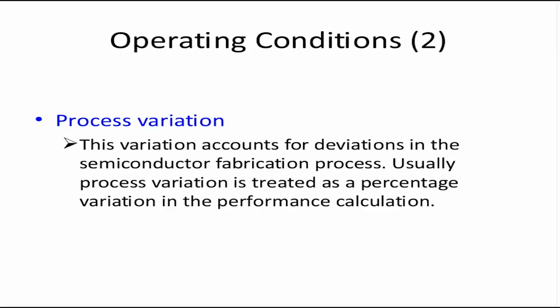Usually it is treated as a percentage variation in the performance calculation. So one way of modeling it, let's say the typical delay of an inverter is X. So the worst case delay will be 20% more, so the worst case delay would be 1.2 X. Although this is a very simplistic model, and the present day models are much more complex.